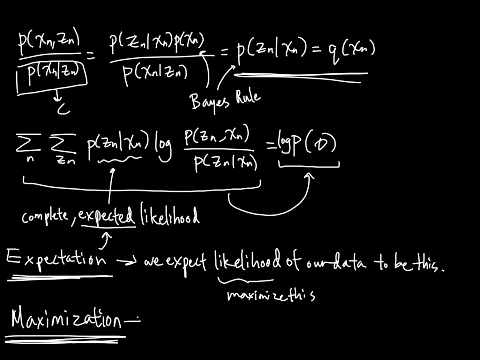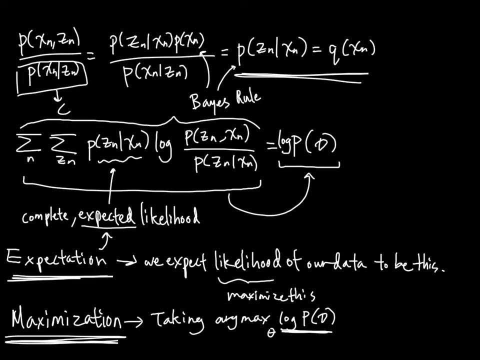This is just taking the argmax over our parameters, I'm just going to call it theta, of this log P of D, right? And this is a very condensed version of this entire expression.